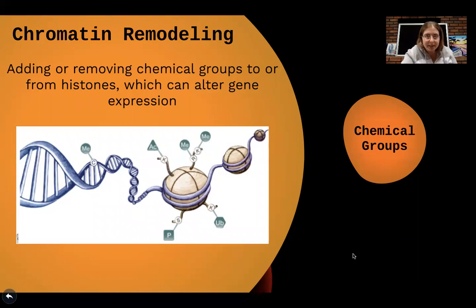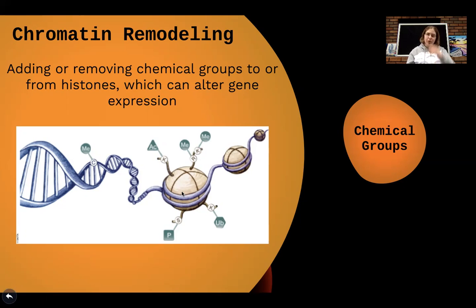If you look at the picture, this circular glob right there is a histone. It's a particular protein that the DNA wraps around in order to condense itself so that it fits nice and snug in the nucleus. And whether we add groups or remove groups, that's going to affect how those genes get expressed.